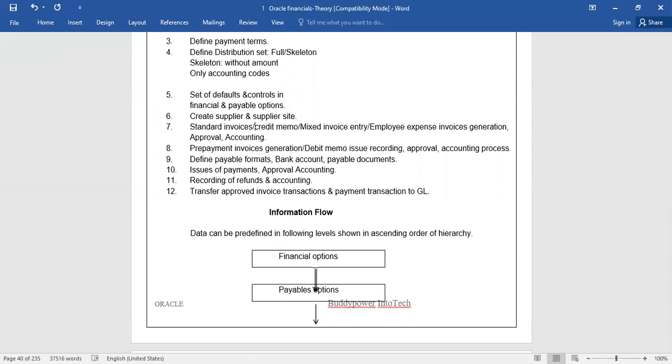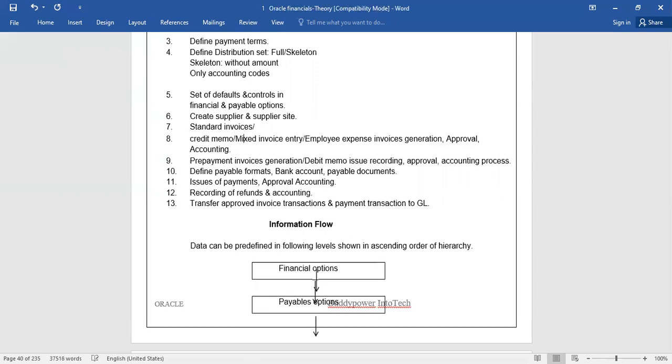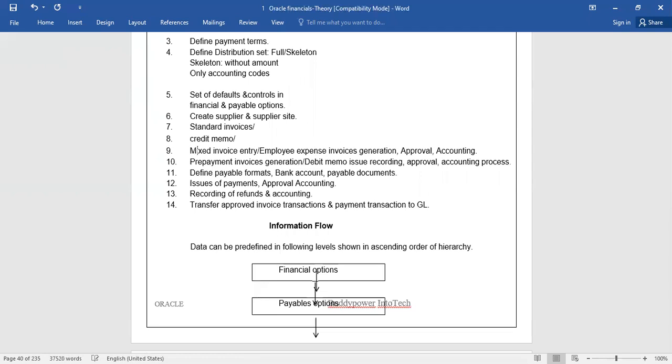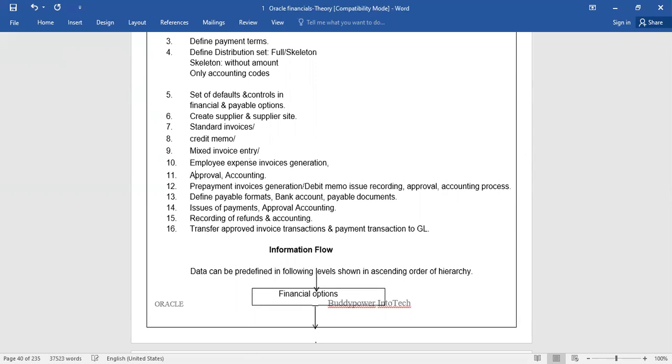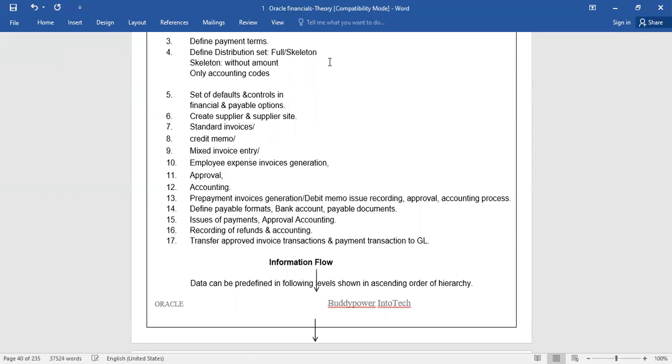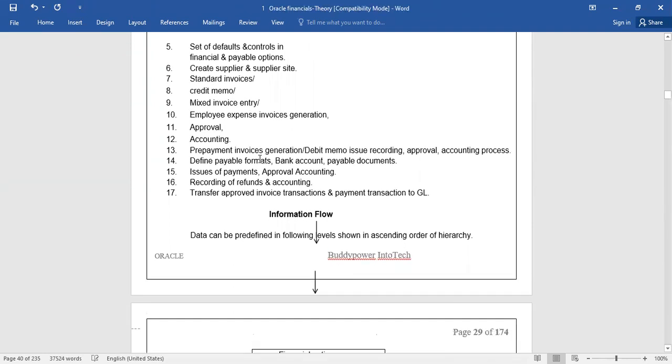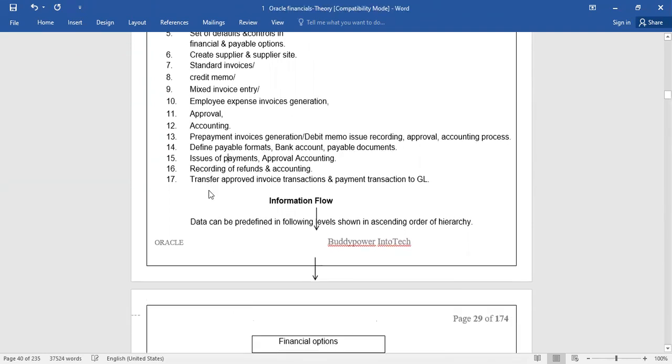The types of invoice: standard invoice, credit memo, mixed invoice, employee invoice, with role and accounting. Prepayment invoice we already saw. Debit memo, define payment bank account recording.